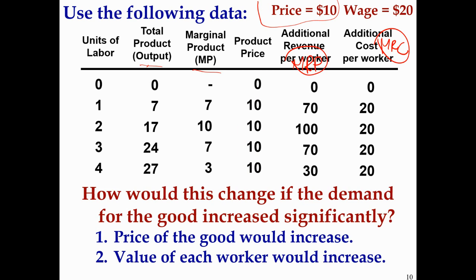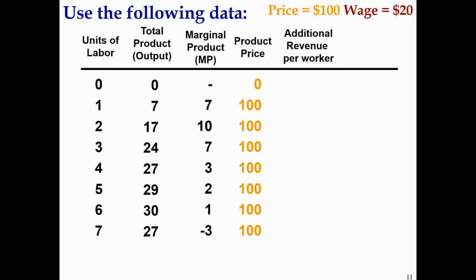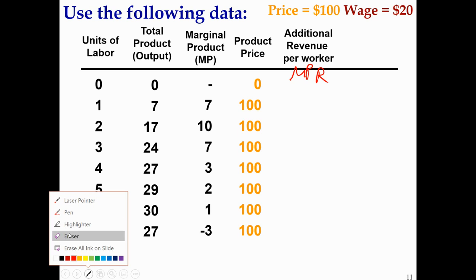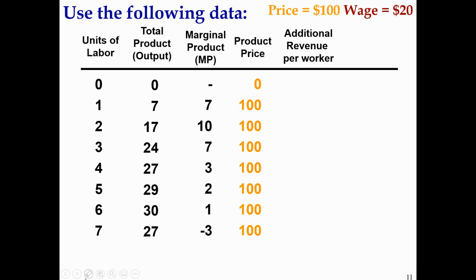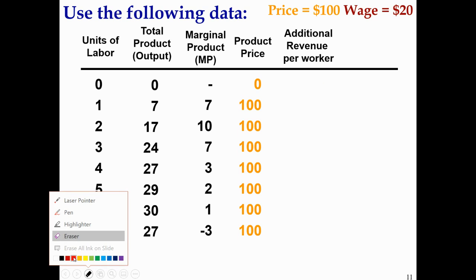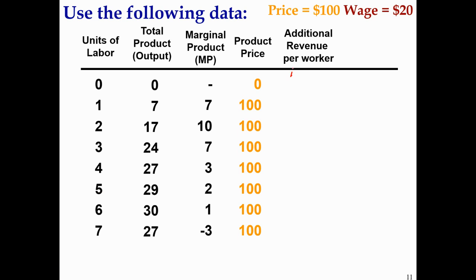So again here, I was at 10, I go to 100. So how do I come back now? Here, my marginal revenue product, my new marginal revenue product, is this.